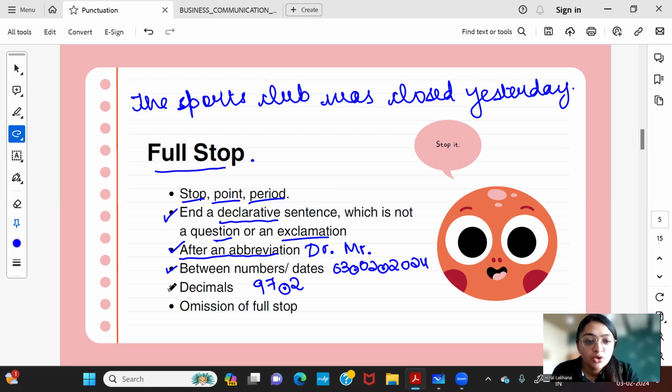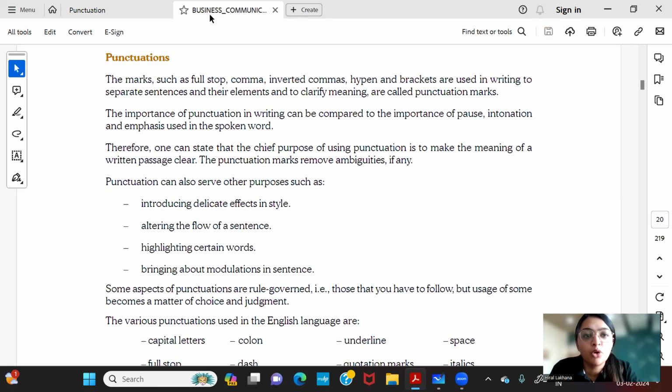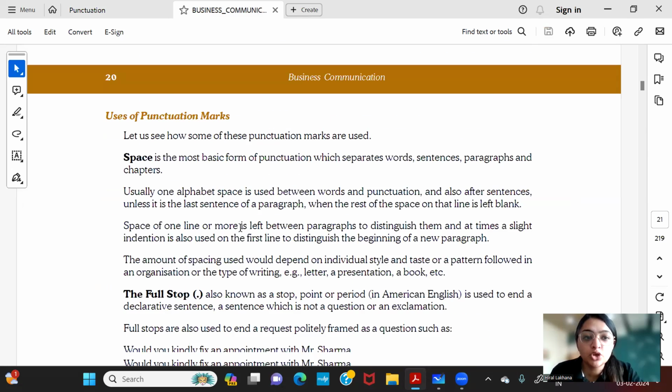So this way, not only at the end of sentences, but also after abbreviations and also in between numbers, the full stop is used. Now, there might be certain cases wherein the full stop, even though the use might be essential, is omitted. So let's quickly go to our module to see where the full stop is omitted.